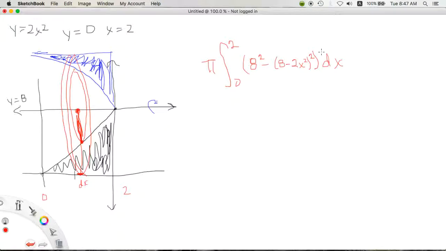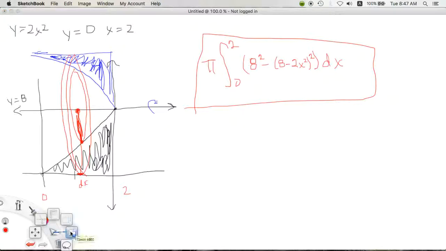So look at that for a second and see if you understand why that is as it is. Alright, so there's our function. Of course, you can integrate that and figure out what that is. Right now we're just dealing with setting them up.